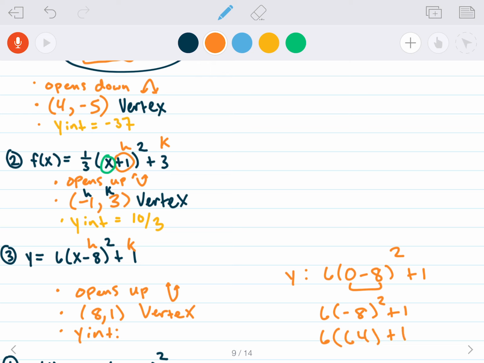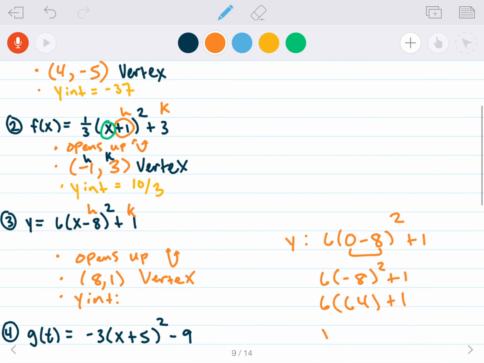And so let's put this in the calculator. 6 times 64 plus 1 is going to be 385. So when x is 0, y is 385, which is exactly the definition of a y-intercept. All right. Now, I'm not going to sketch this just to save some time, but you should try it and confirm your answer with Desmos. You can always plug this stuff into Desmos and see if your picture is looking good.